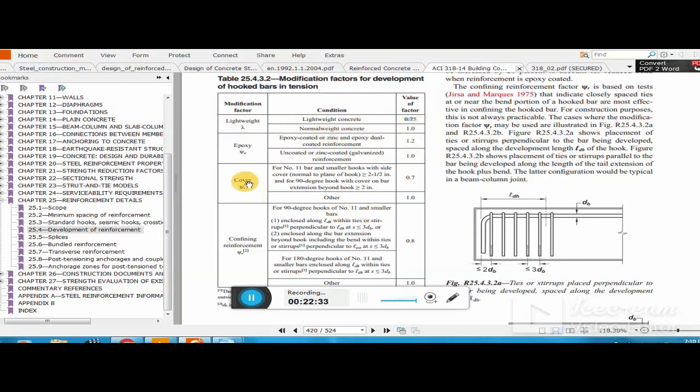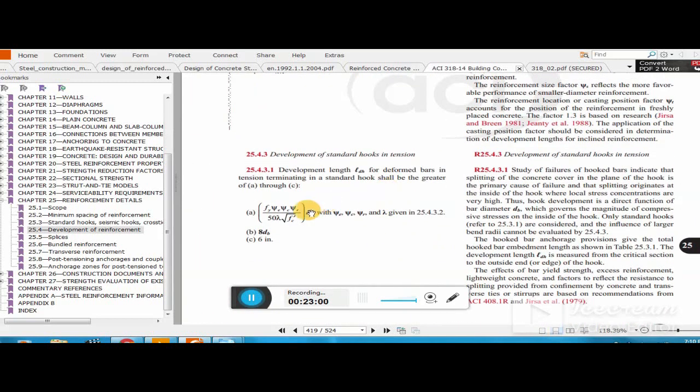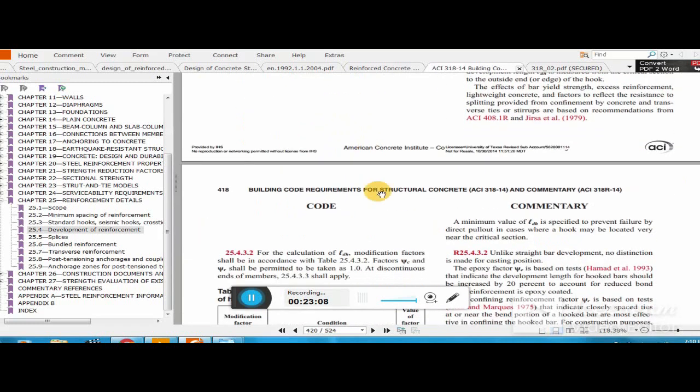You see the cover factor, psi C, so you can use 0.7 or 1.0. This is psi S, not psi C, the size factor. Size: number 11 bar and smaller bars. Psi C is the cover factor, but there is also psi S, that is the size factor. You have to account for that factor as well.